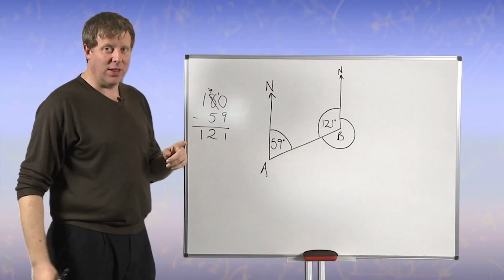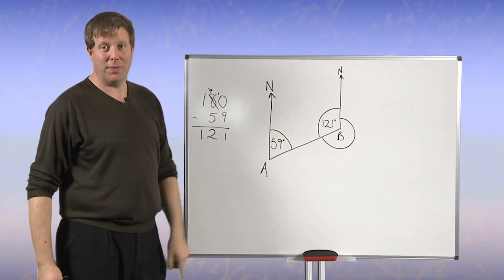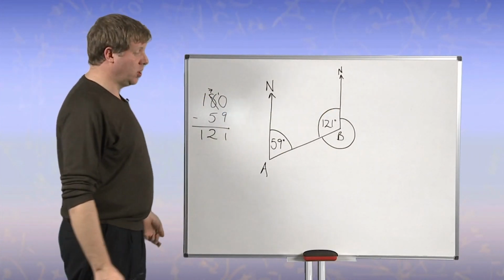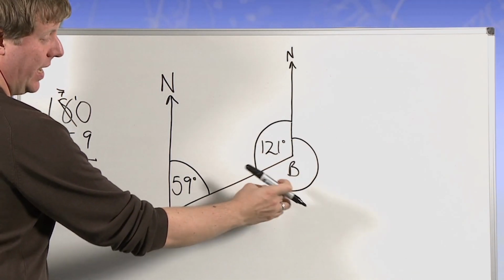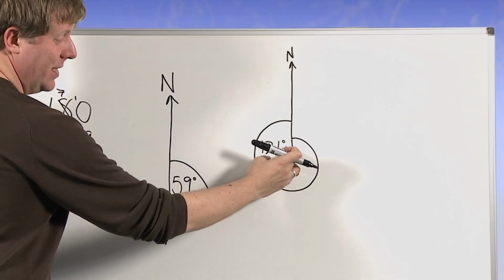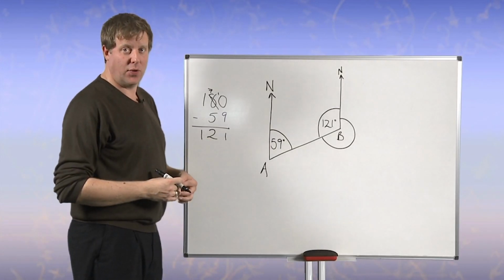That's not our bearing though, because that angle is not measured clockwise, but is in fact measured anti-clockwise. So the angle we want is this one here, and you should see that this angle added to this angle gives me a full turn, which is worth 360 degrees.